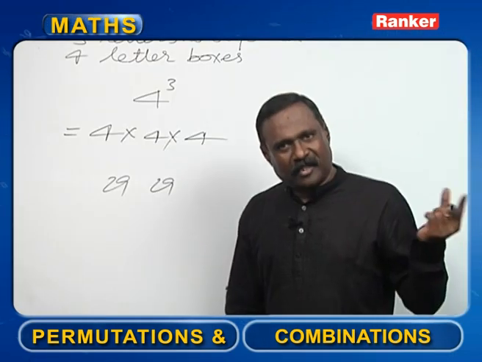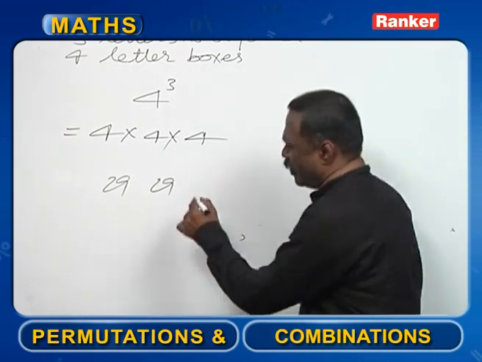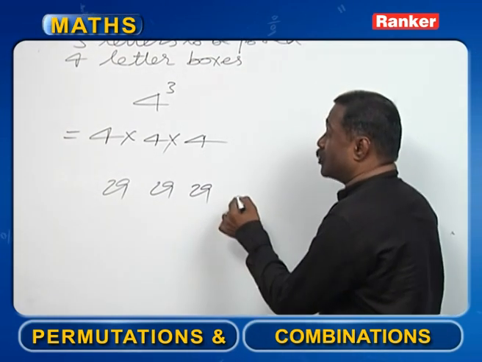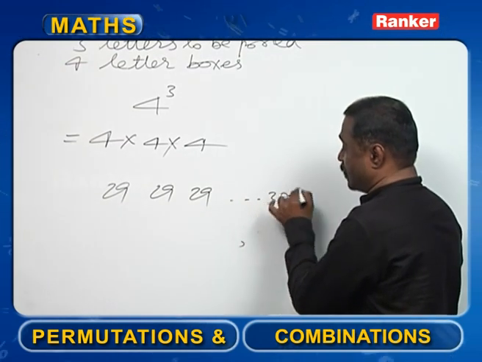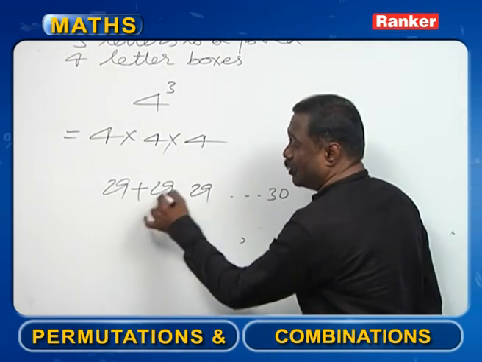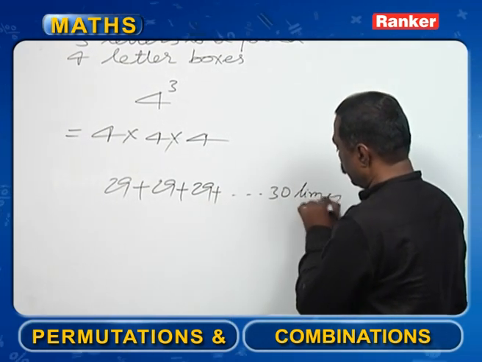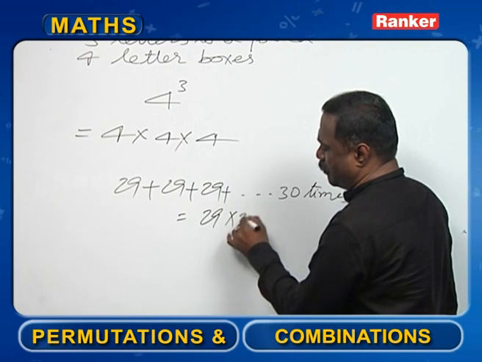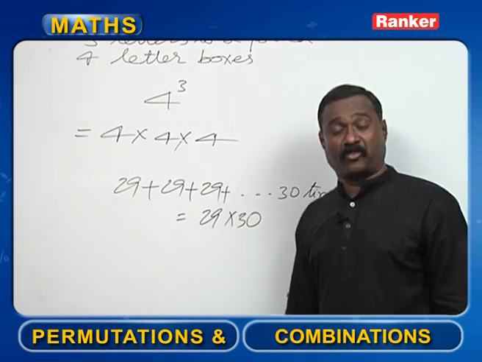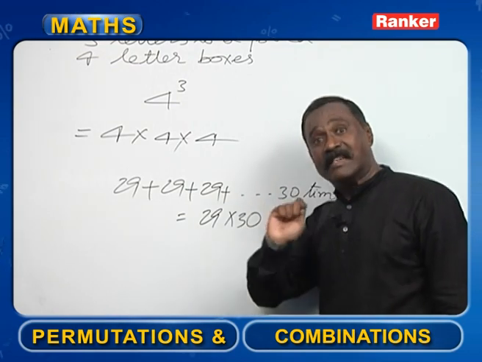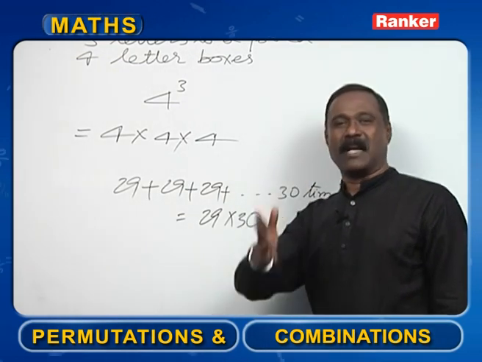The third student, whoever is in the class, has also purchased 29. So how many are there totally? 30 students are there, so you have to add this 30 times. That means the total number of cards to be purchased or posted is 29 into 30. It's a basic understanding about that.